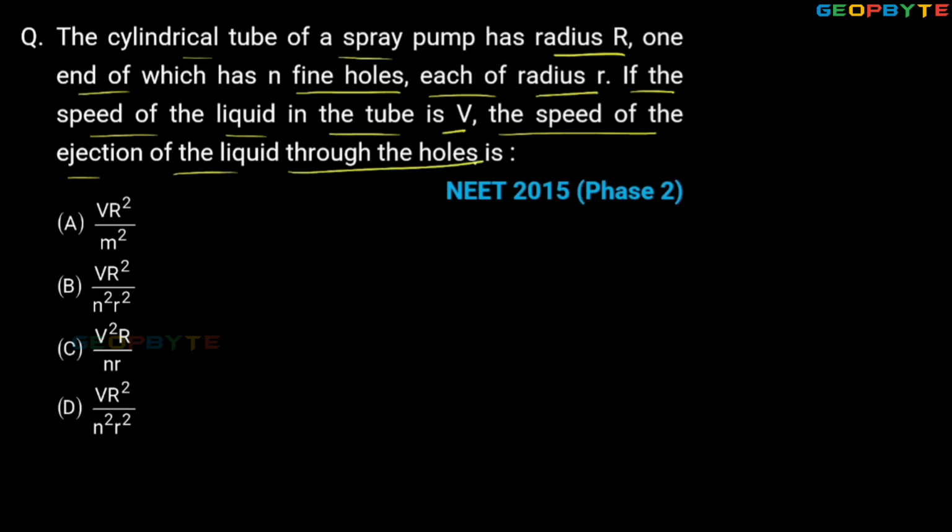It is given that a cylindrical tube is there, with radius R, one end of which has n fine holes, each of radius r.